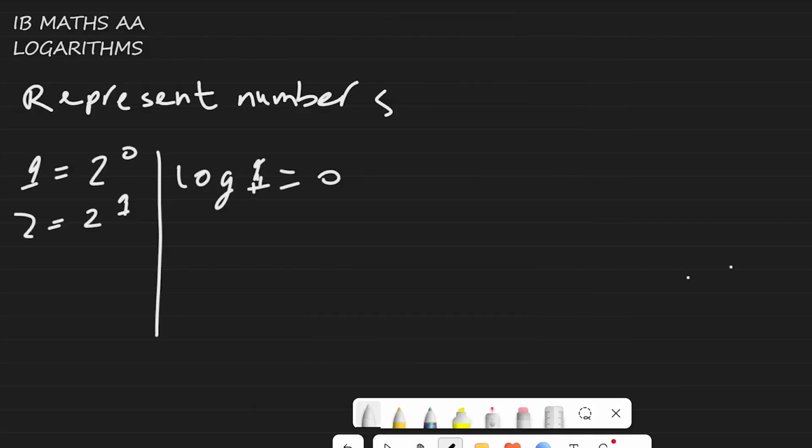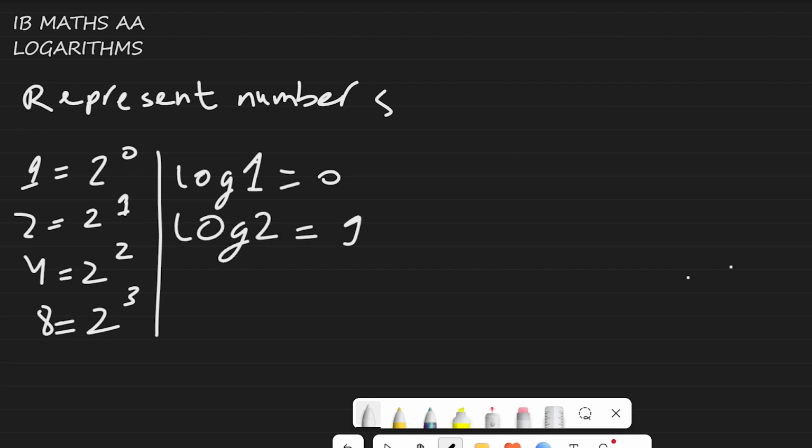Now it would be fairly much easier to understand that log of 1 is equal to 0, log of 2 is equal to 1, log of 4 is equal to 2, and log of 8 is equal to 3.